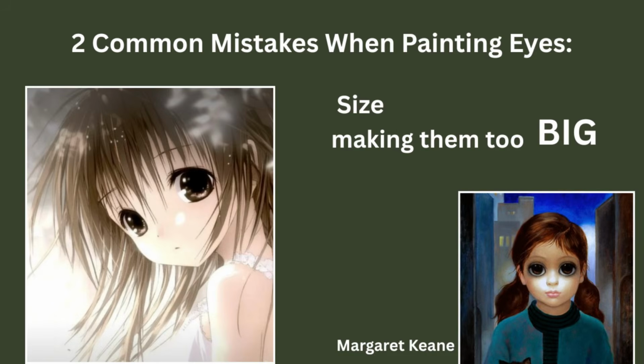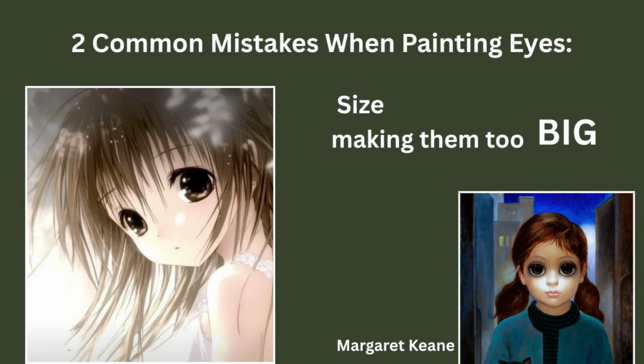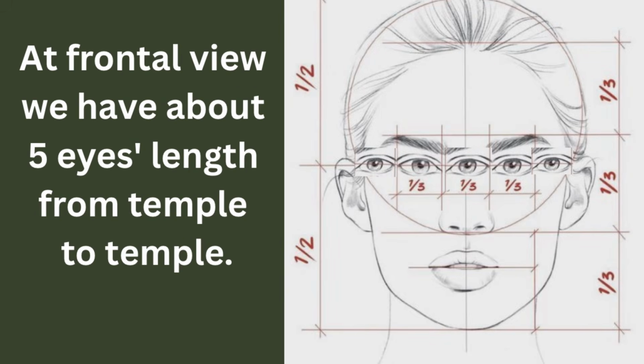Number 2, size and scale. A very common mistake is painting the eyes too large, perhaps to emphasize their importance. But oversized eyes often won't fit naturally within the face, forcing you to expand surrounding features and ultimately increase the size of your original design.